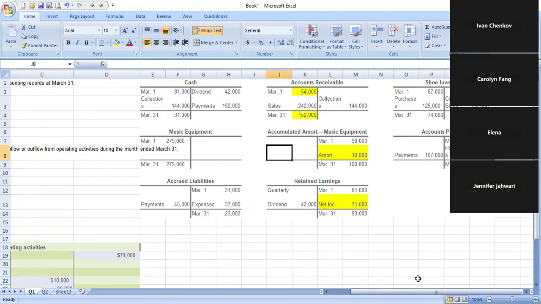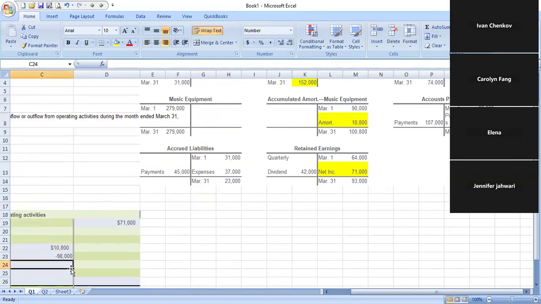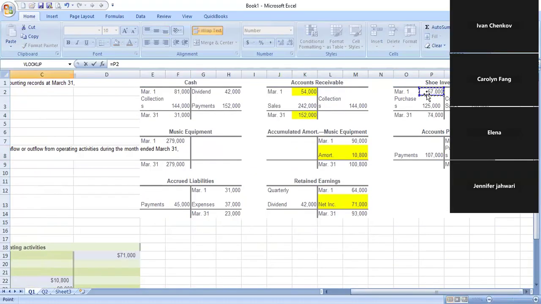The next one: ending balance minus the beginning balance. Same thing, equal to beginning balance minus the ending balance. Boom, done. This one yellow, and this one is also yellow. Done with this.